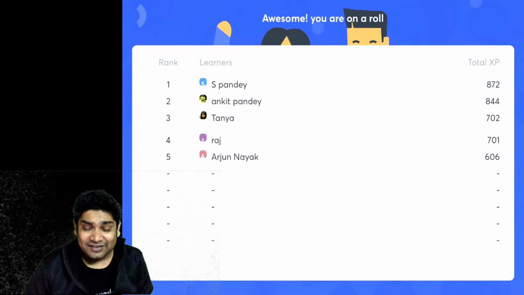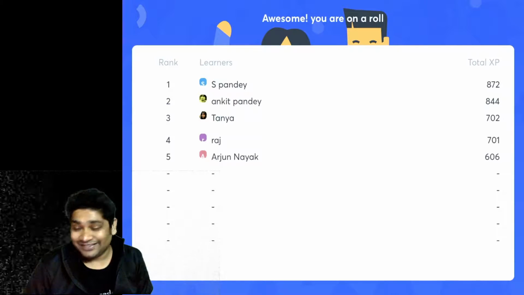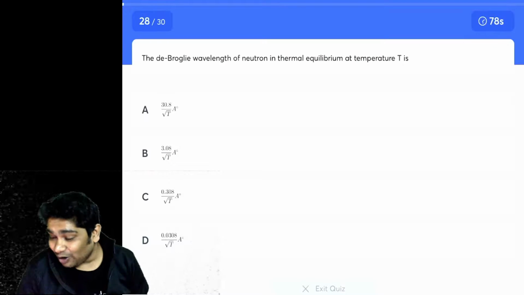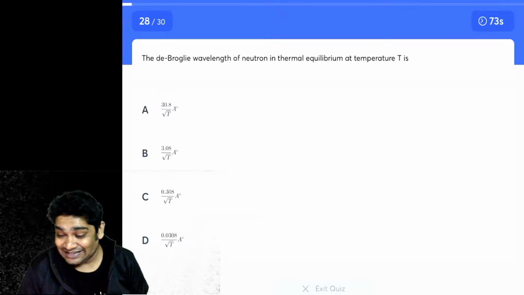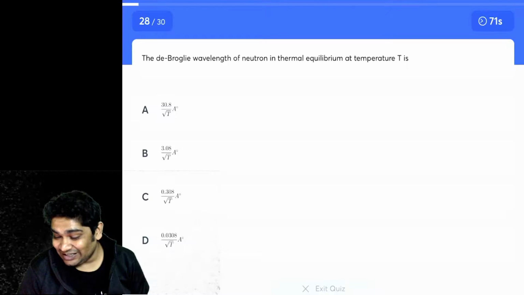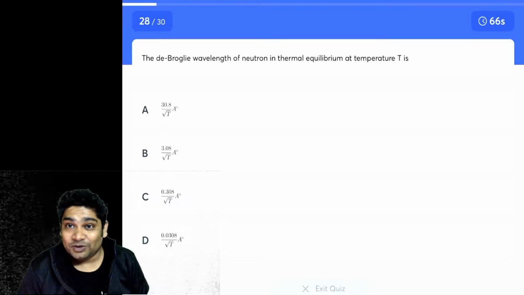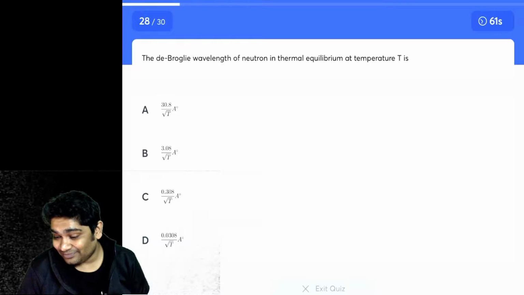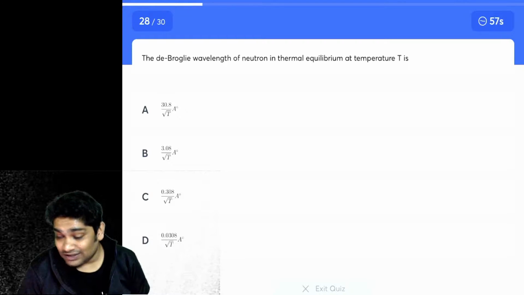Last 3 questions, or 2 questions, I believe. So let's try to do your best. Okay, 3 questions then. De-Broglie wavelength of a neutron in thermal equilibrium at temperature T is: is it A, 30.8 over root T angstrom?